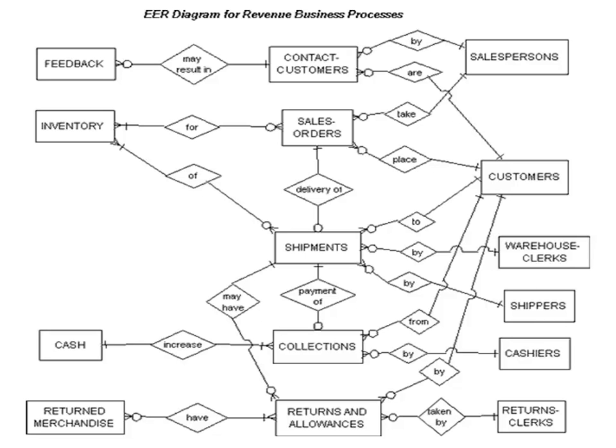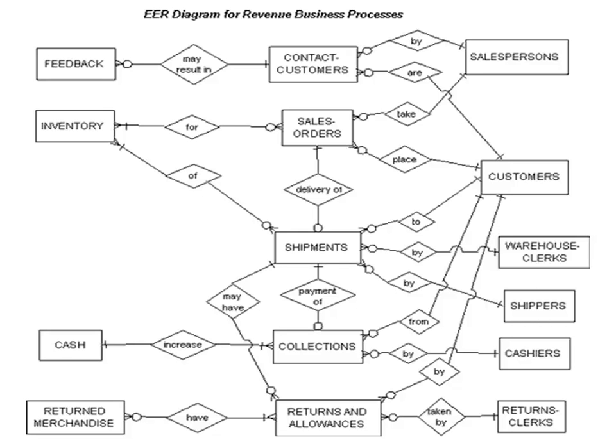So here is the ER diagram, and let's quickly take a look. We have these five significant events which we identified. First is contact customers. You have a salesperson who contacts customers, and this results in feedback. Then we have sales orders: customers place sales orders for inventory, right?